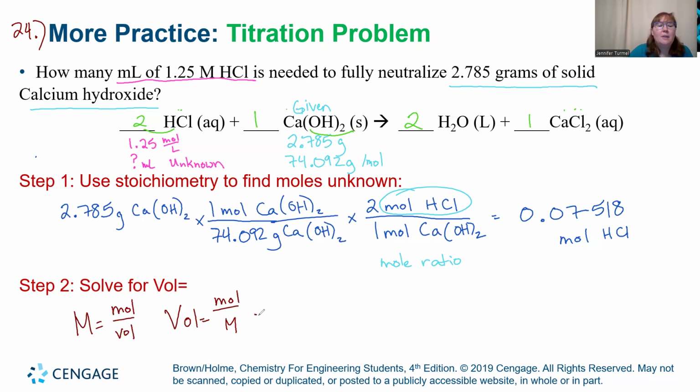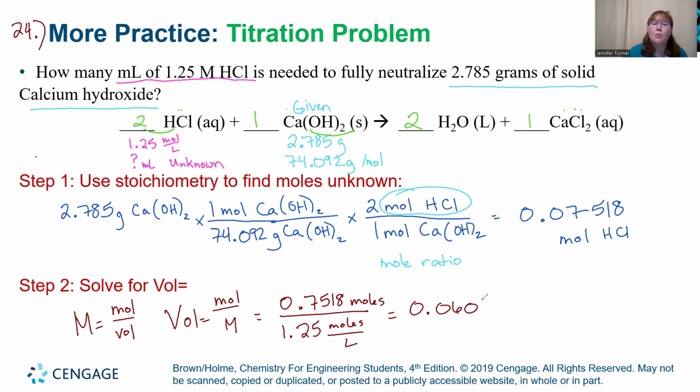We have our moles, so that's 0.07518 over our molarity, 1.25, and that's moles per liter. So that cancels out our moles, and it will give me a value of 0.0601 liters, 1, 2, 3 sig figs.